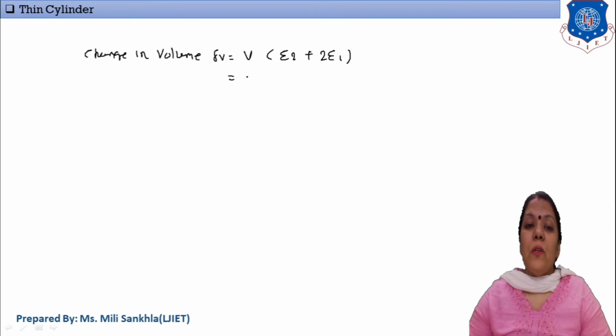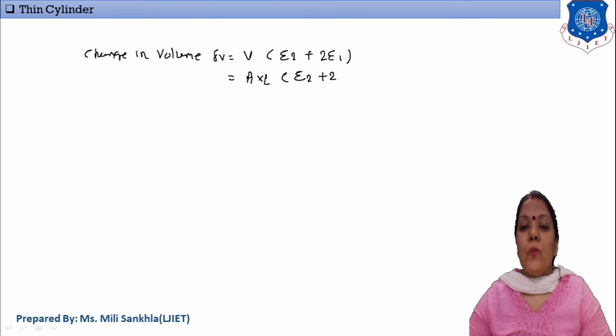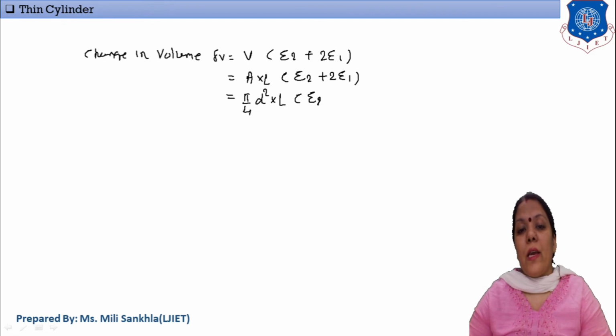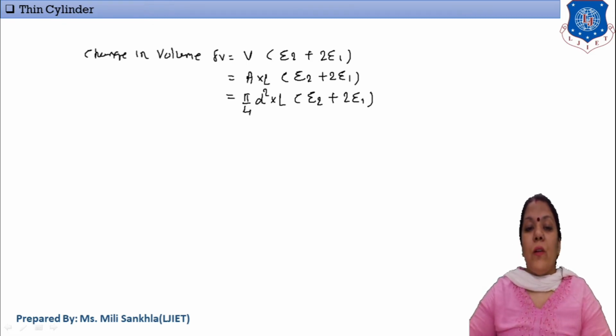Now volume is area into length, then epsilon 2 plus 2 epsilon 1. What is area? Area is pi by 4 d square into L, then epsilon 2 plus 2 epsilon 1. Now one by one put the values here.